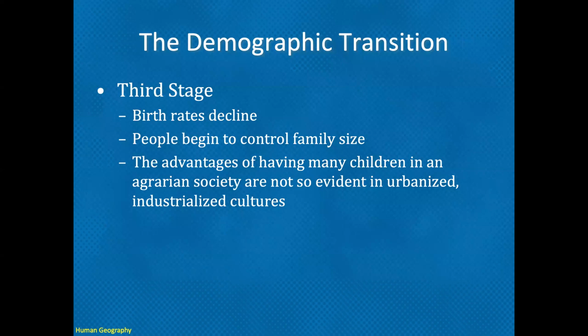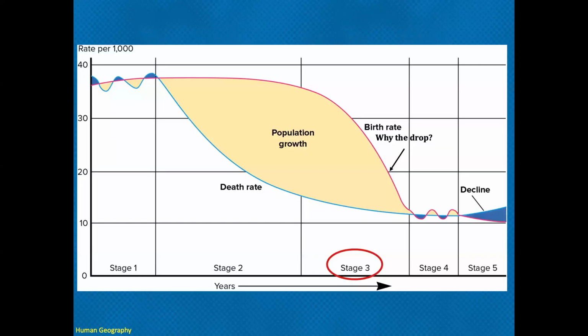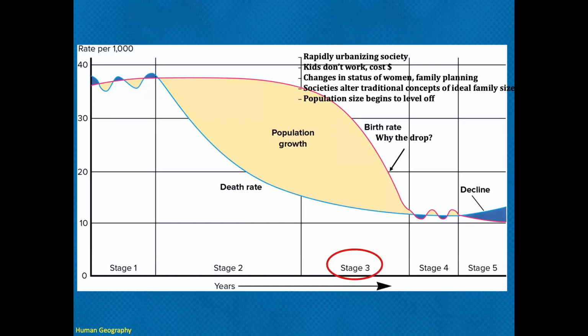Third stage, birth rates decline. People begin to control their family size. Contraception. The advantages of having many kids basically go away. So why the drop? There you have it. Kids cost money. There's a change in the status of women in that particular society.